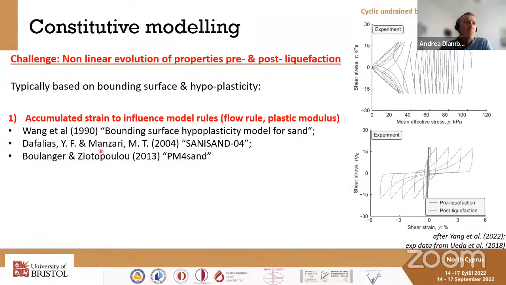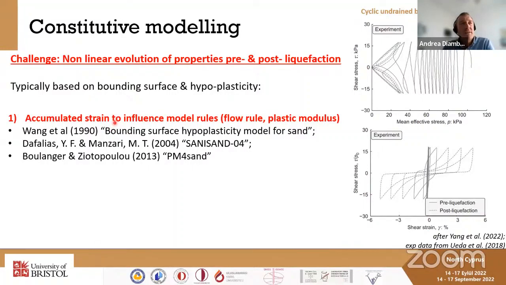Typical models like SANISAND or PM4Sand, which are very widespread and very well known, are actually quite successful in modeling this behavior, but they try to capture this nonlinear evolution of properties that happens during the pre- and post-liquefaction through some accumulated strain dependent rule.